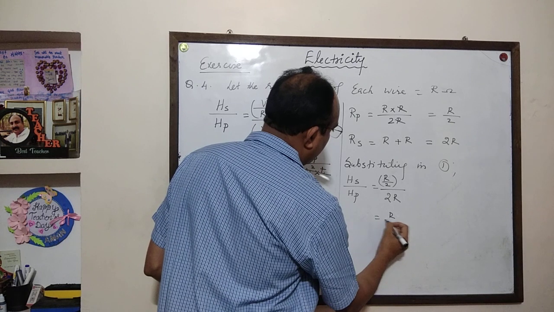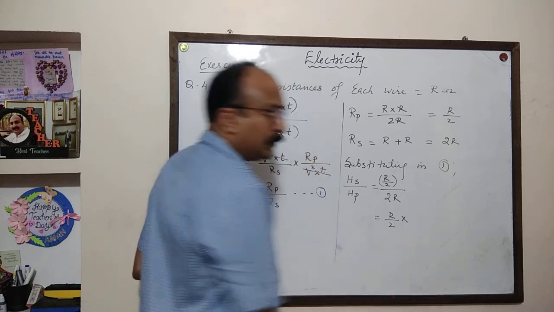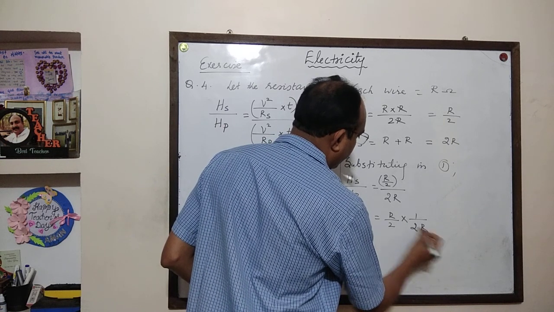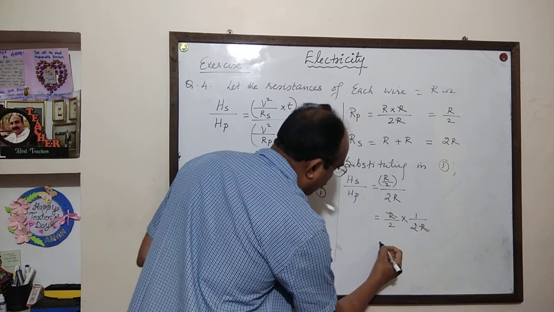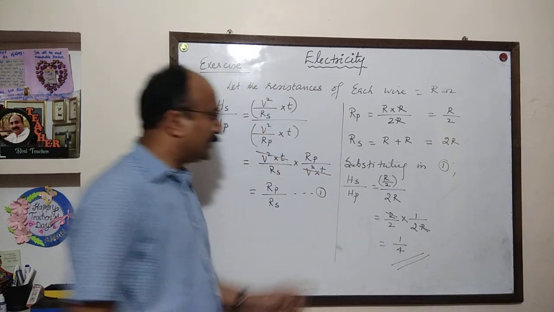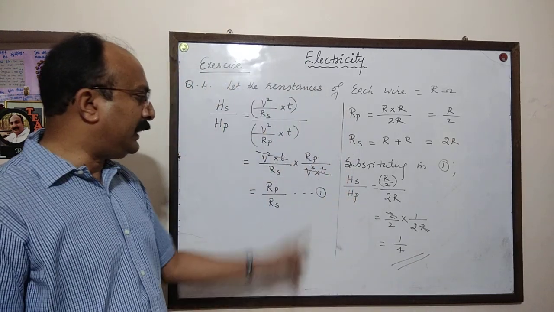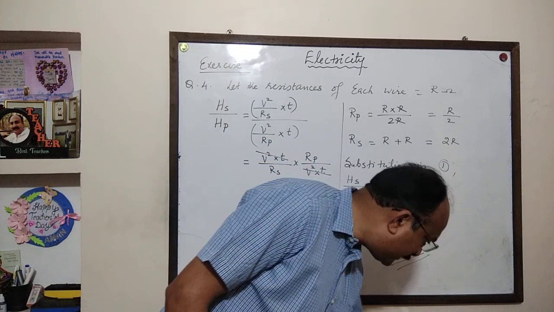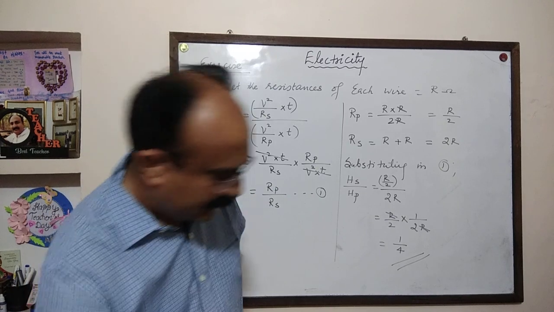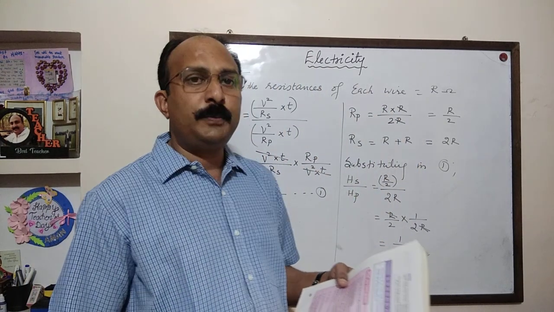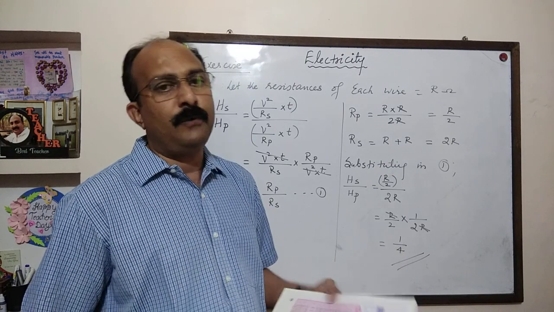So this is R upon 2 into reciprocal 1 upon 2R. R and R got cancelled. Answer is 1 upon 4. So Hs upon Hp equal to 1 upon 4. This is option C. In the answers, there are 4 answers given. Option C is the correct answer, 1:4.